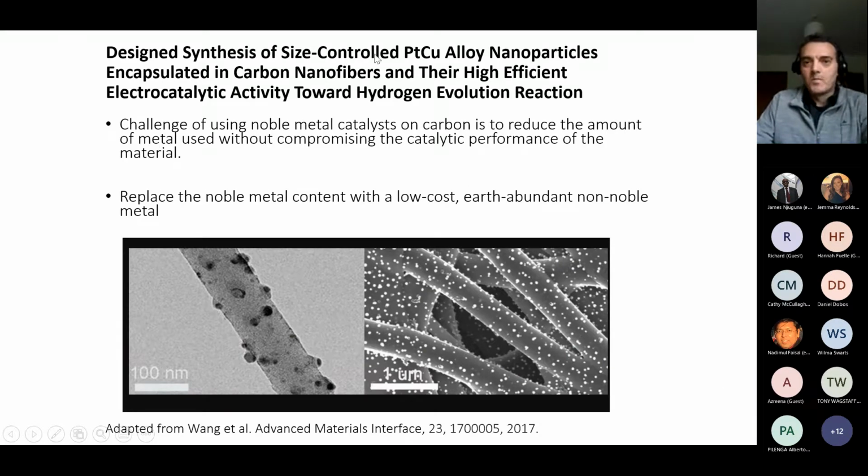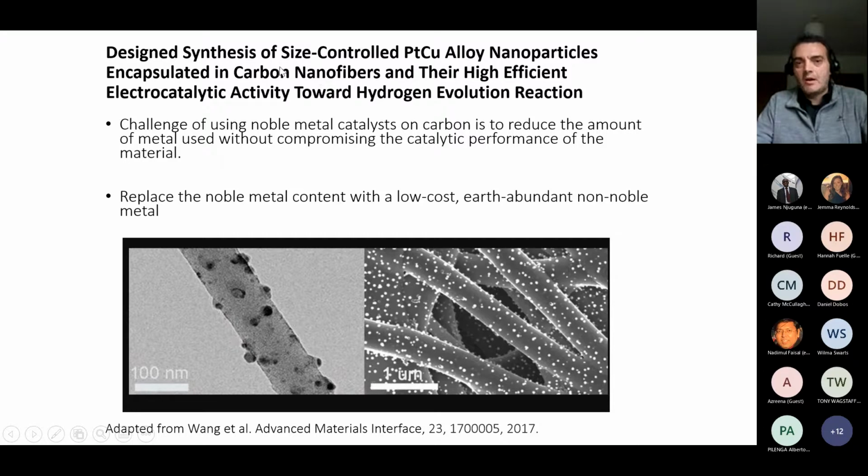The other interesting article is coming from Advanced Materials Interfaces. In this particular case, they have used platinum and copper alloy nanoparticles as again that bimetallic system, using that type of nanoparticle in carbon nanofibers.